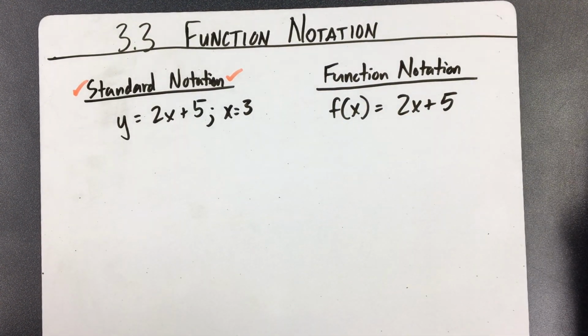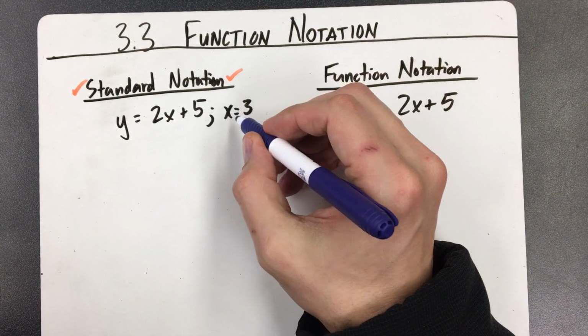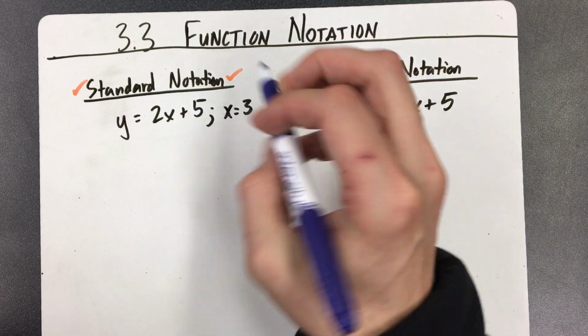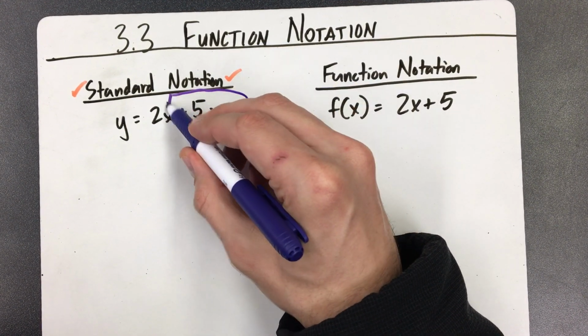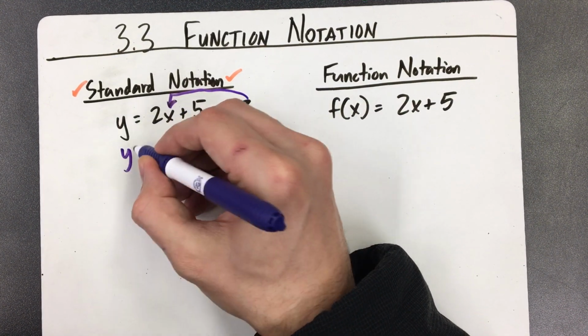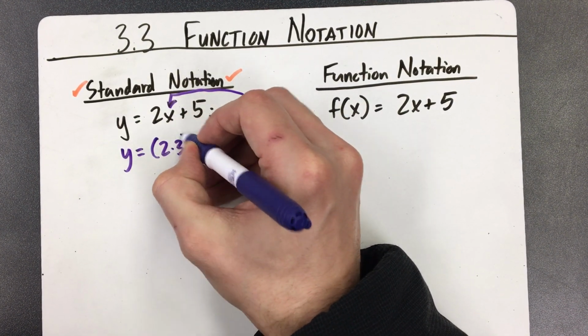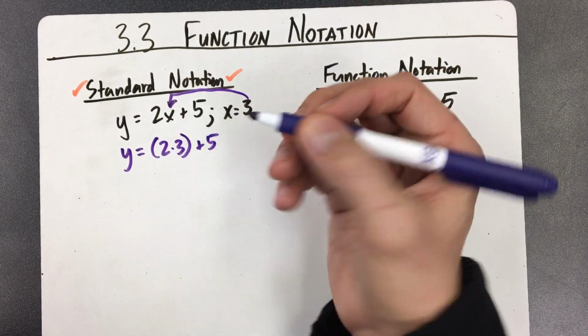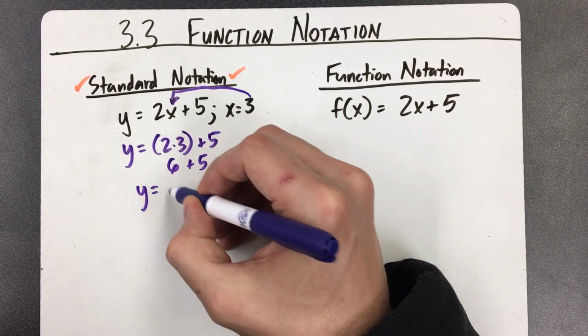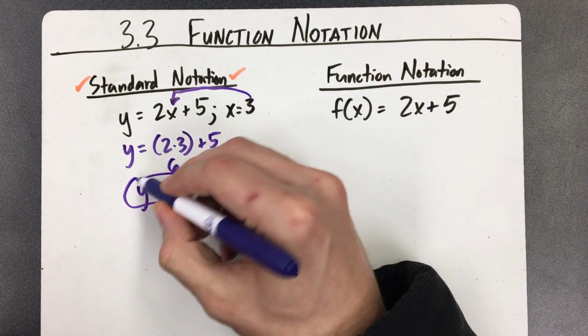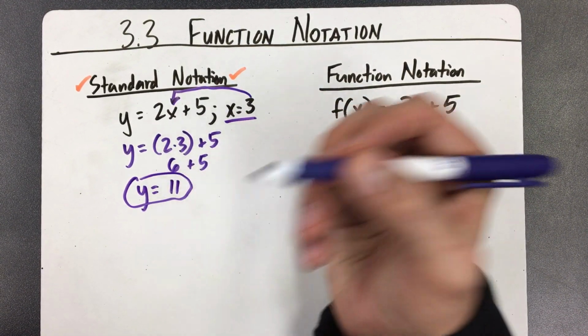So you plug 3 right in there for the letter x. 2 times 3 plus 5, and obviously we could do that without any issues. And so we could say when x equals 3, y equals 11, right?